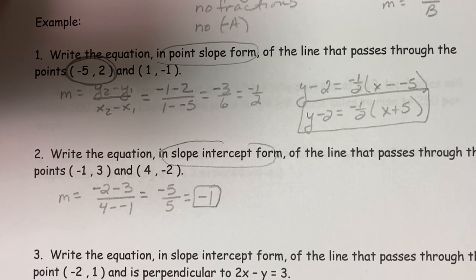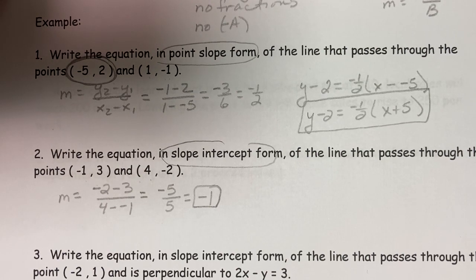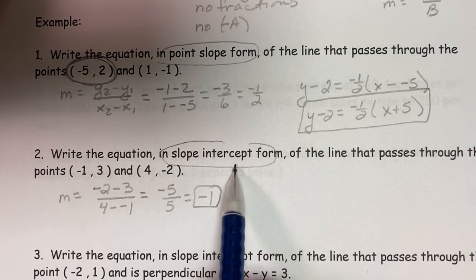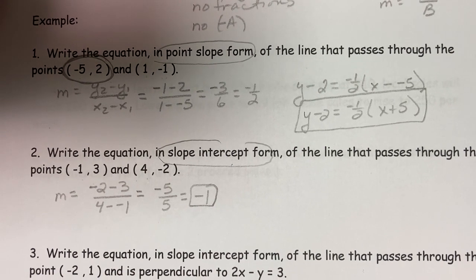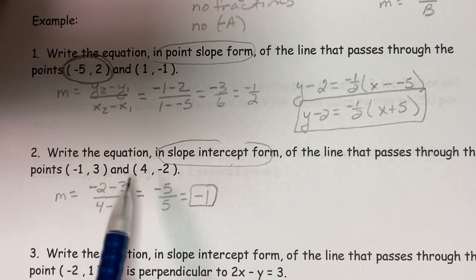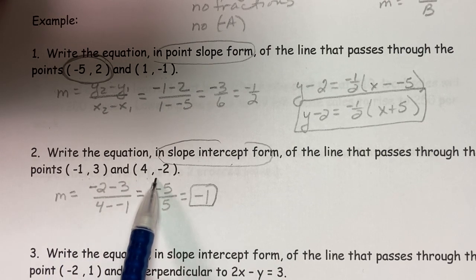So now, I mentioned it in number 1, and I'm going to say it again. You are not going to go directly to slope-intercept form. We're first going to go to point slope form and then change that using algebra into slope-intercept form. So, point slope form, we get to choose either one of these points we want to use.